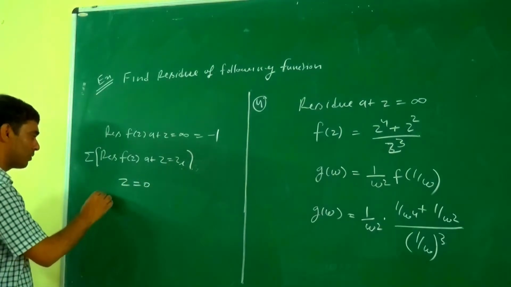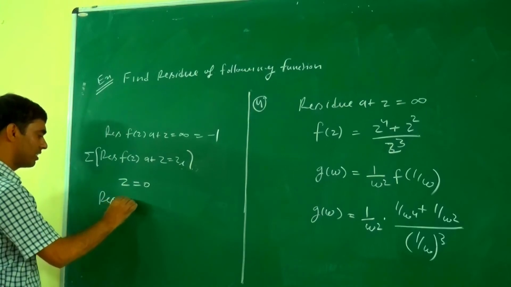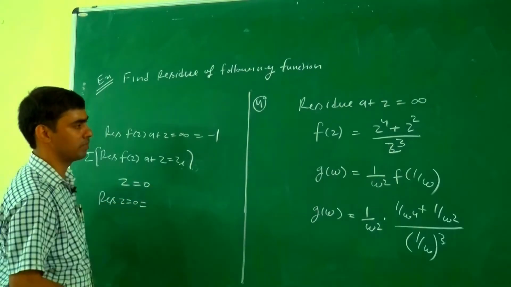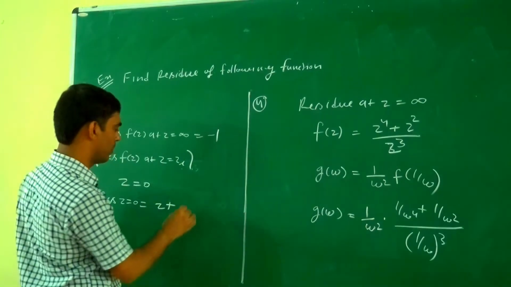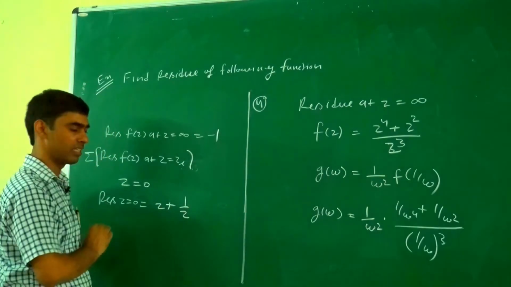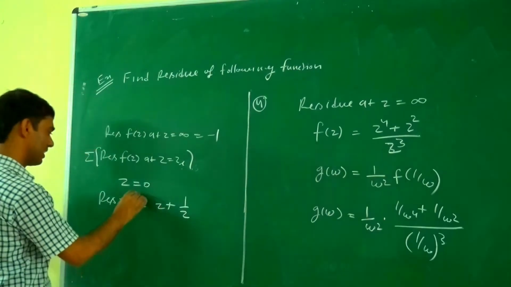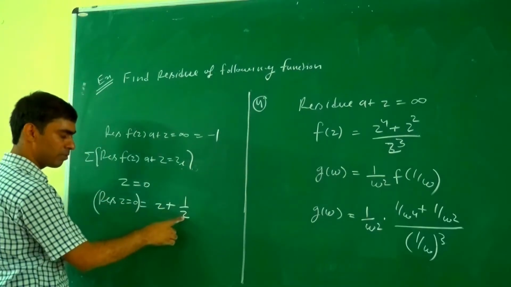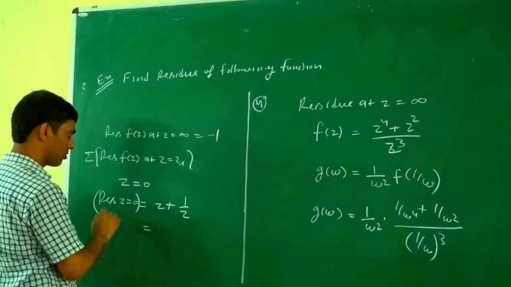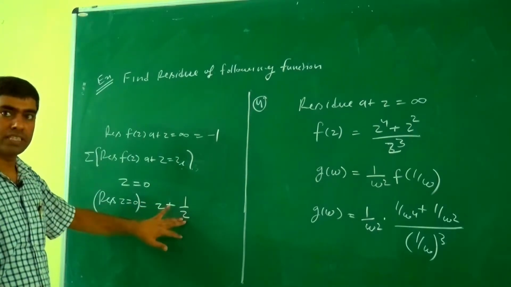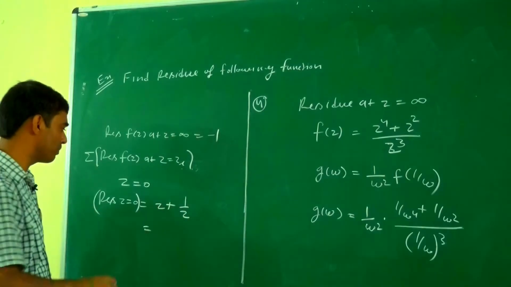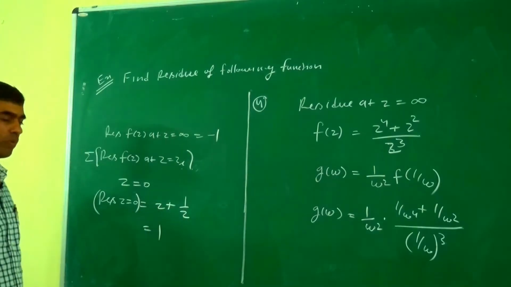So at this point, what is the residue? If we simplify this, it becomes Z plus 1 by Z. The residue is the coefficient of 1 by Z, which is 1.